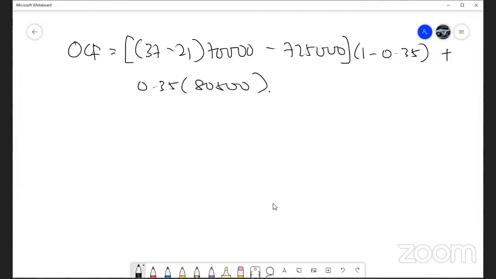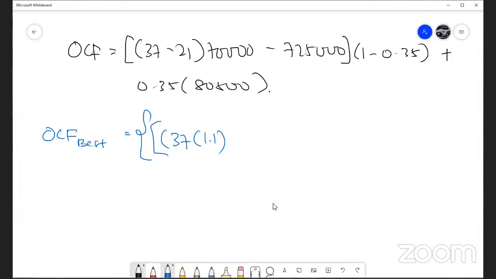So what is the best case scenario and worst case scenario? OCF of best. Best case scenario means the price that you sell at is now better off by 1.1, increased by 10%.